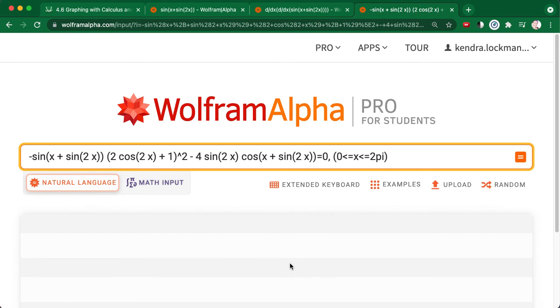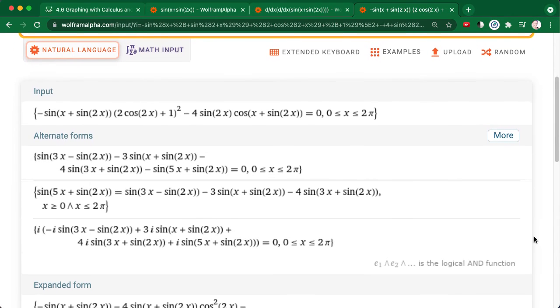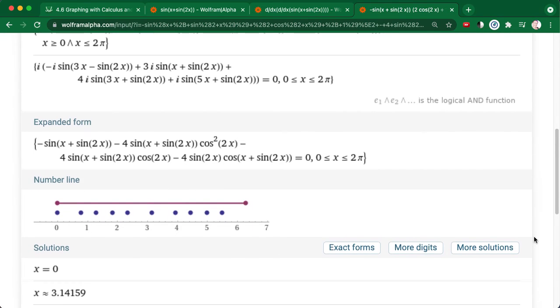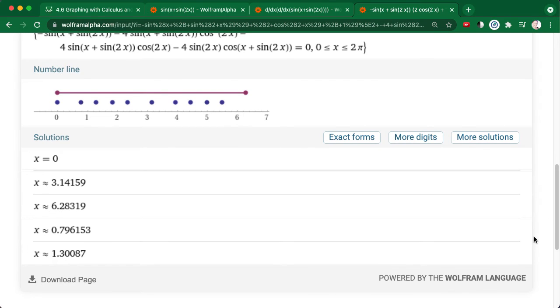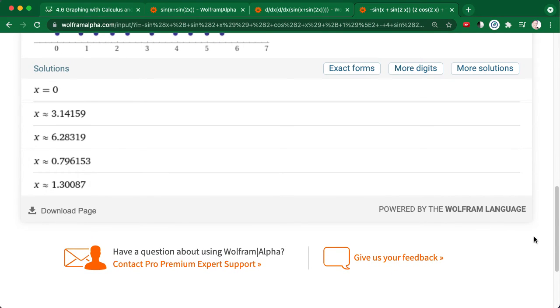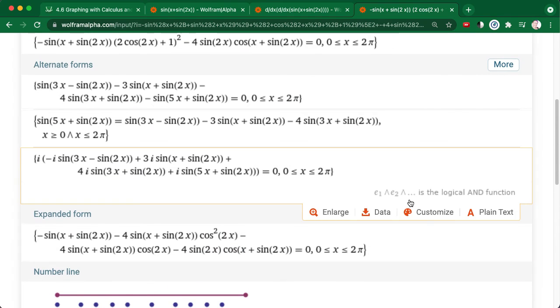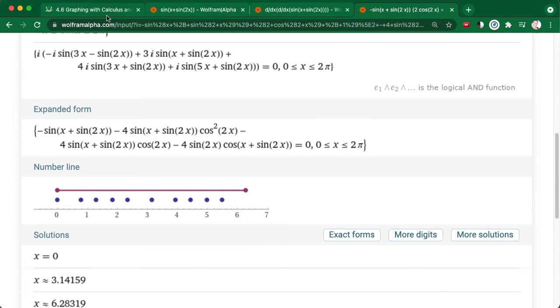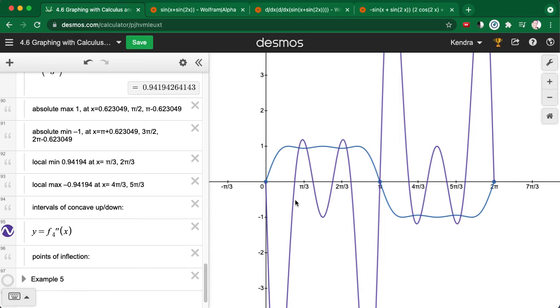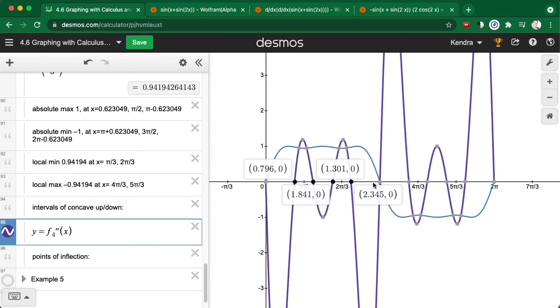And let's just see if Wolfram Alpha has any nice fraction multiples of pi that tell us where those numbers are. Yeah, nope. It doesn't give us any better numbers than what Desmos is giving us. So we can basically take Desmos and say, here are the points, those are the x values of our points of inflection.